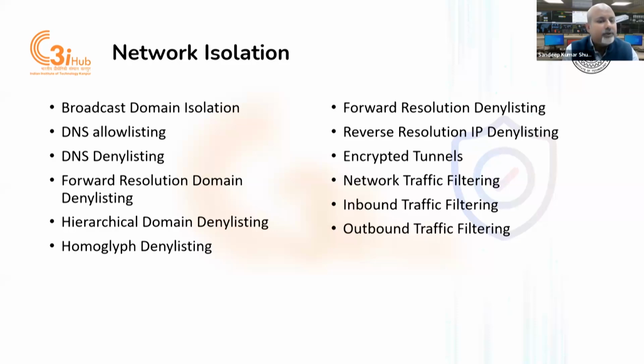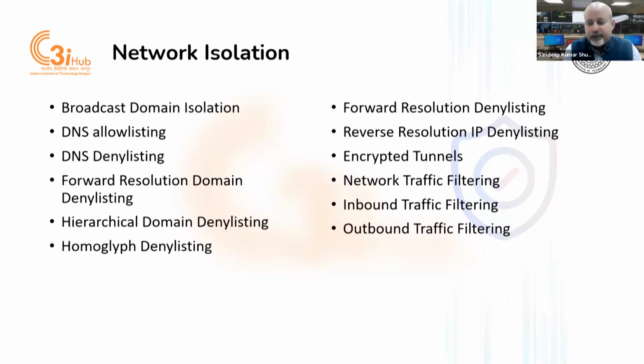Similarly, forward resolution for domains may be denied, and reverse resolution of IPs may be denied for certain things. Similarly, domain deny listing, inbound traffic filtering, and outbound traffic filtering are all parts of network isolation. You can also do network isolation through domain isolation and by creating segmentation of the network.